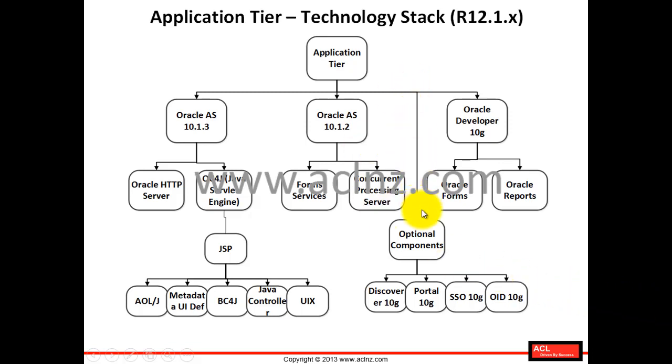It goes under the application tier again, but under a separate category for SSO, single sign-on, and basically it is supported as the 10g version. Likewise, you have many other optional components which you can install and which go into the application tier, like Discoverer or Portal or OID and so on.